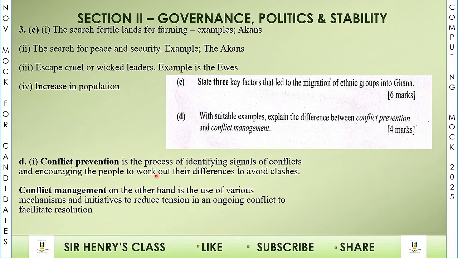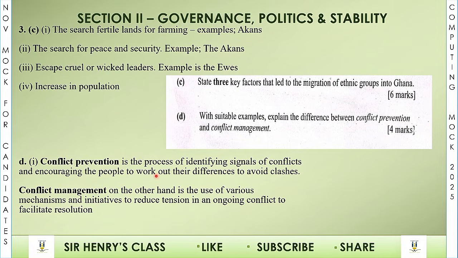So, what we left out was the example. Yes, so when we take conflict prevention here, the conflict has not yet occurred, but you are finding ways and means to ensure that if there are hints of any conflict, you try to prevent it before it escalates or before it occurs.